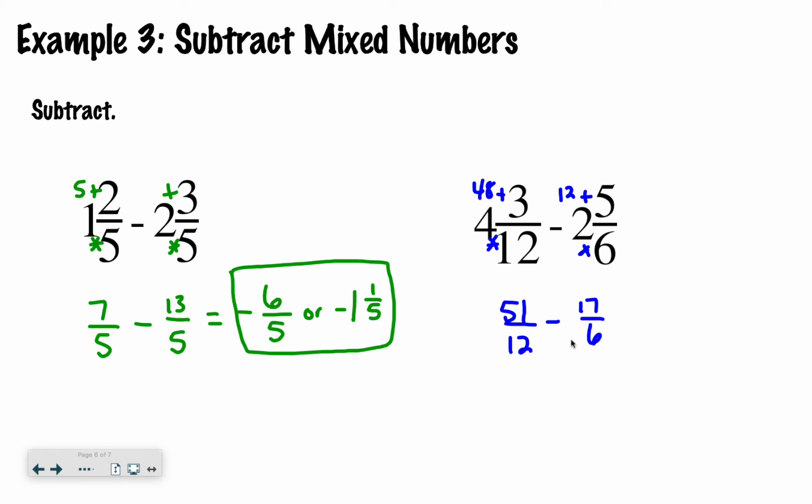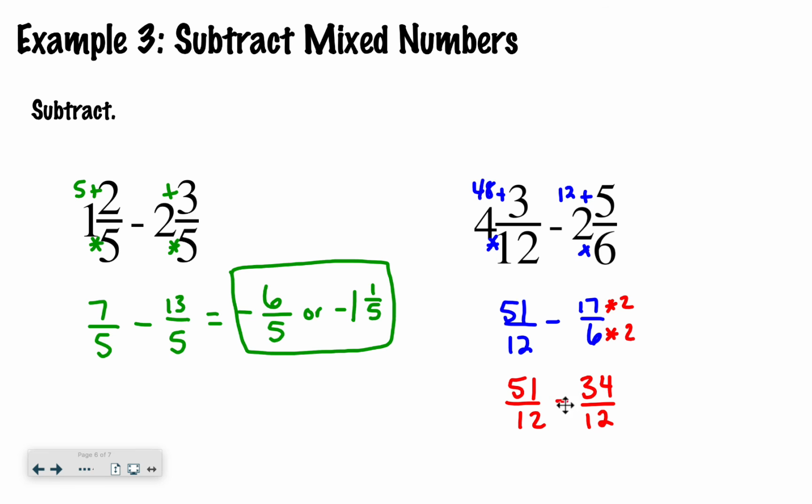So I start by looking at the smallest number. Here it's a 6. Is there any way to multiply 6 to get to 12? Yes. So that's great. That means that I can multiply this second fraction by 2, and I will have a common denominator. So I keep my first fraction. That one's not changing. 17 times 2 is 34, and then 6 times 2 is 12.